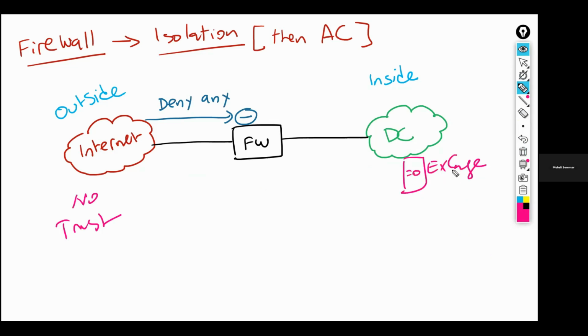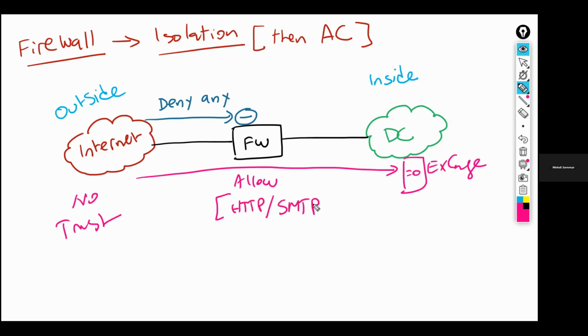And the Microsoft Exchange should receive emails from the outside. What if you go to the firewall and you allow from the internet to the data center the HTTP traffic for webmail plus the SMTP traffic? Can you tell me if this is a good idea?